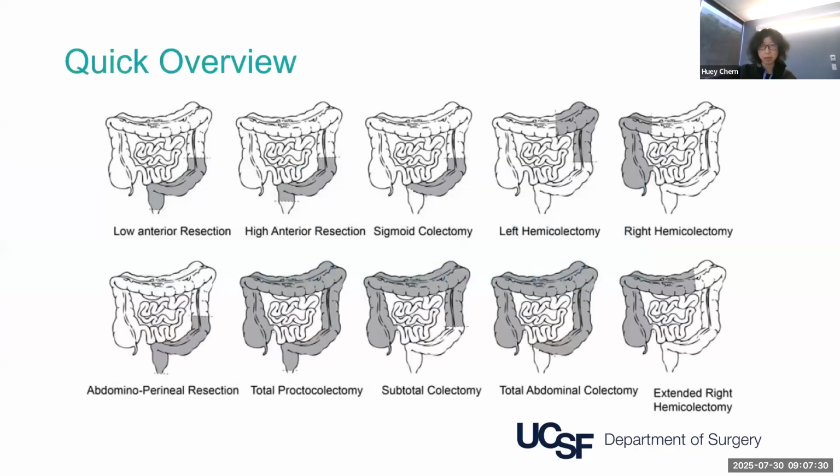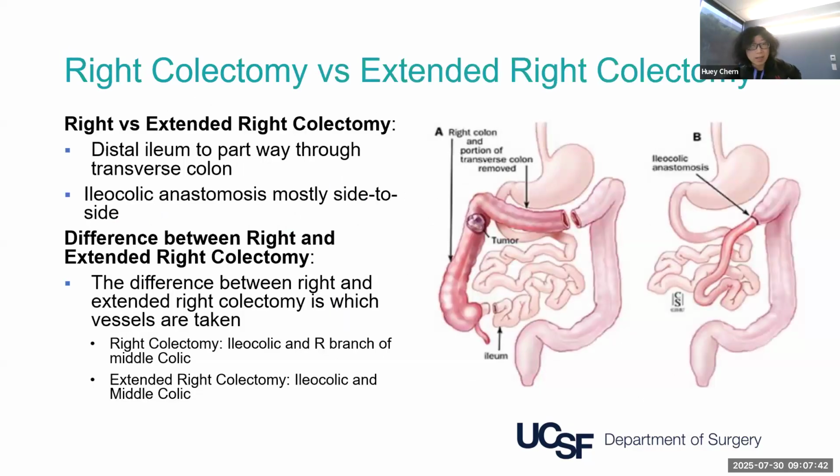So with that in mind, we can start with colectomy. These are some of the various operations we'll go over today. And we can maybe start with the right side. Right colectomy, extended right colectomy, and one that's not covered here is the ileocolic resection.